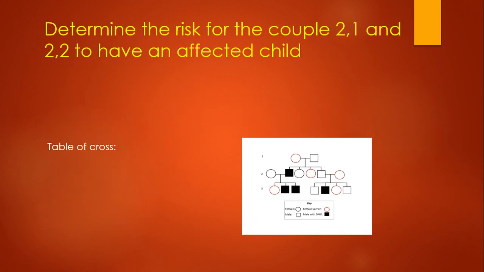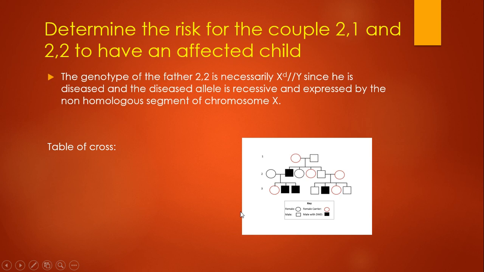Determine the risk for the first couple, number 21 and 22, to have an affected child. In this case, we know the genotype of both parents. The genotype of the father is XDY because he's affected, and we have just determined that the gene responsible for the disease is on the non-homologous segment of X, and since he has only one X chromosome and appears to be affected, his genotype is XDY.